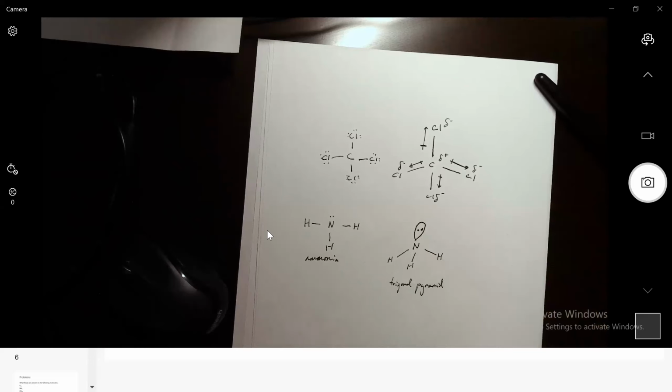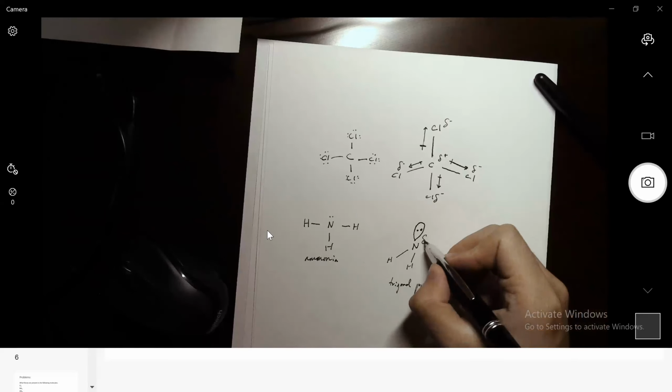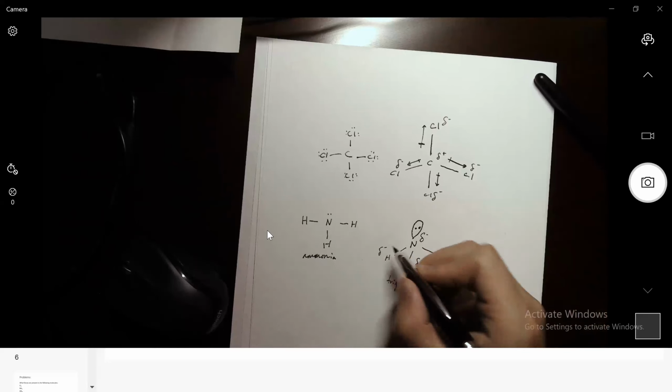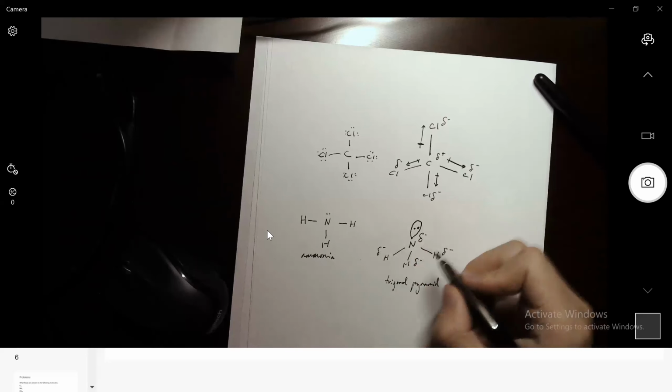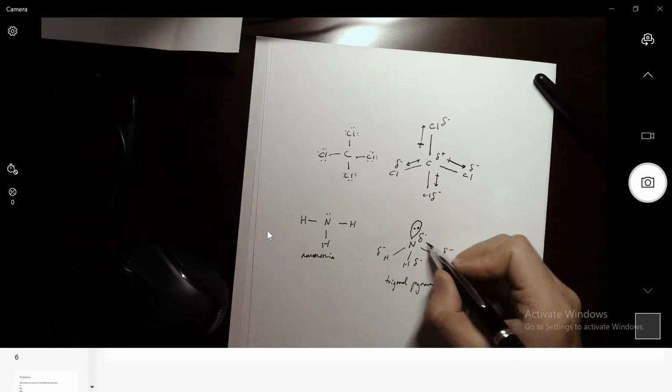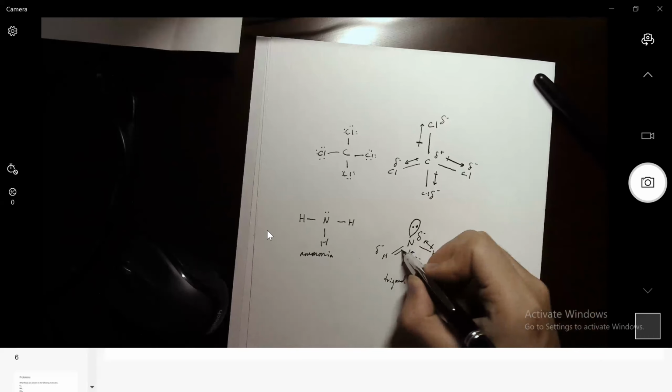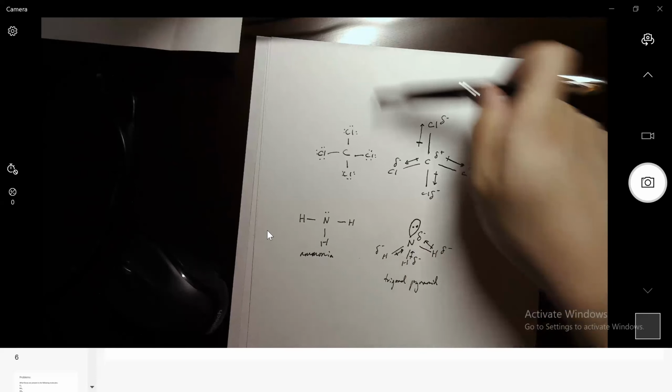Now, which element is more electronegative, hydrogen or nitrogen? Right, nitrogen. So this gets a partial minus, and these all got partial pluses. And so our dipoles face this way. I can do that in a different color, actually.